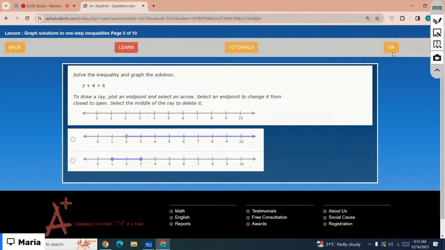Okay, the next one is: solve the inequality and graph the solution. So which is the correct option? Just solve the inequality first.